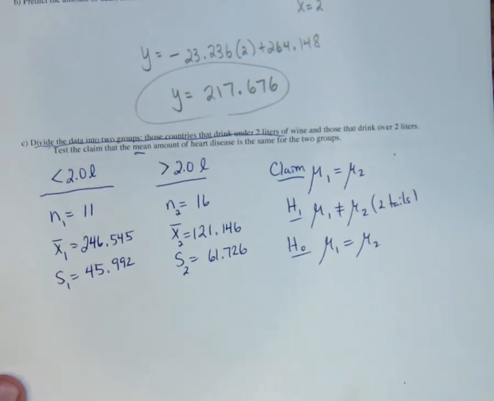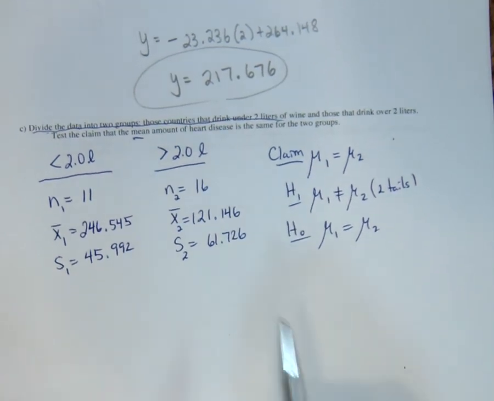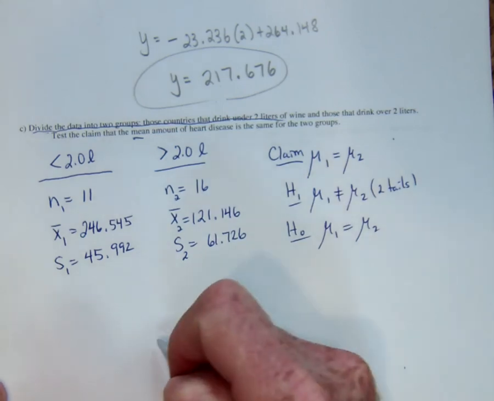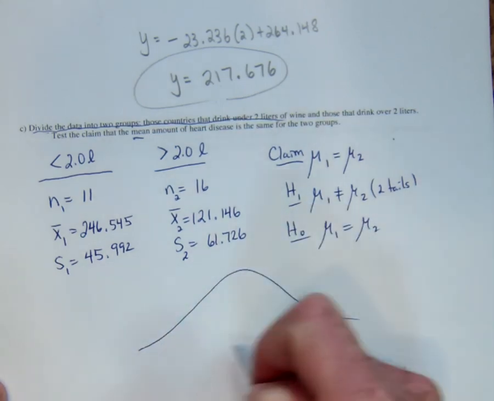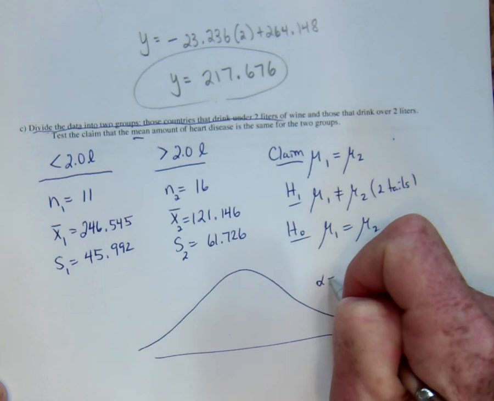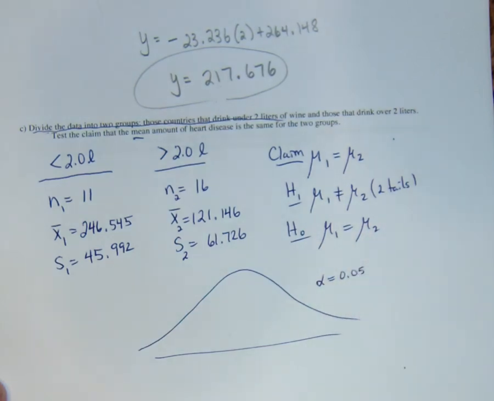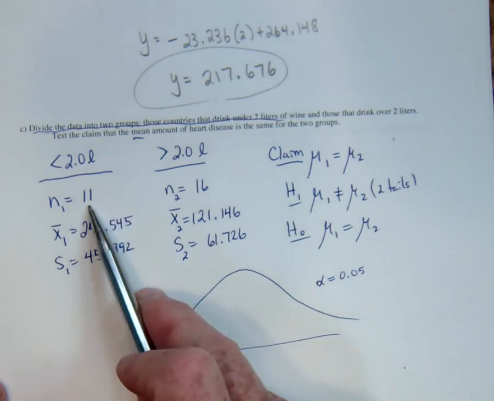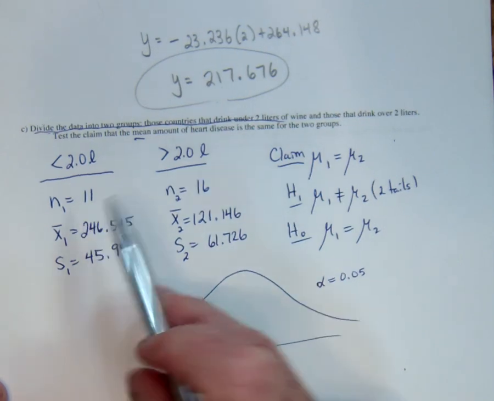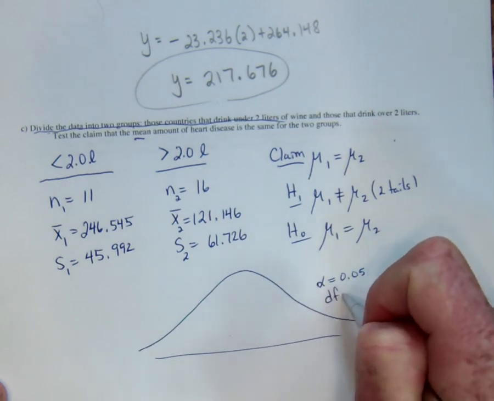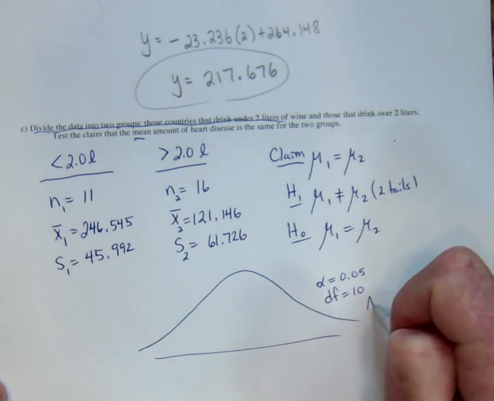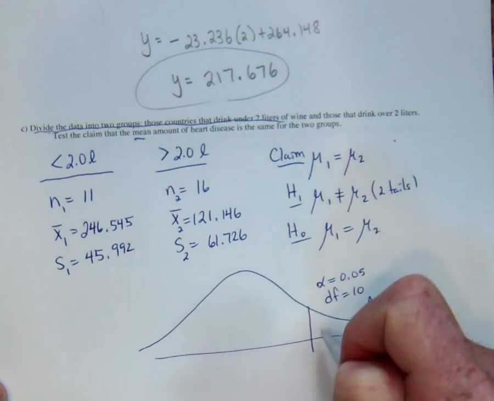And because we're testing a claim about the mean, and this is S, we're going to be using the T table. Use 95% as the level of confidence. Then degrees of freedom is the smaller of the two degrees of freedom, so it's going to be 10. Degrees of freedom equals 10. Table A3.